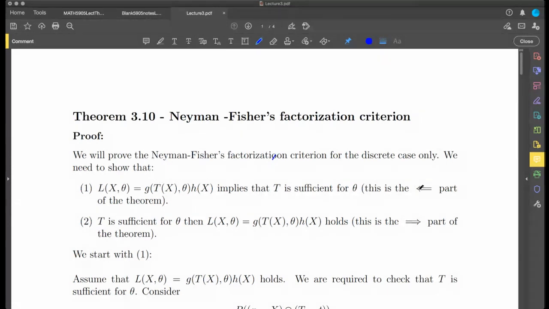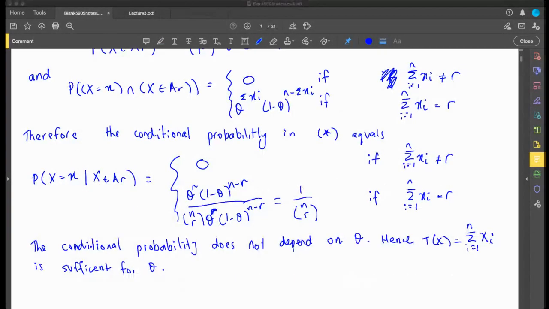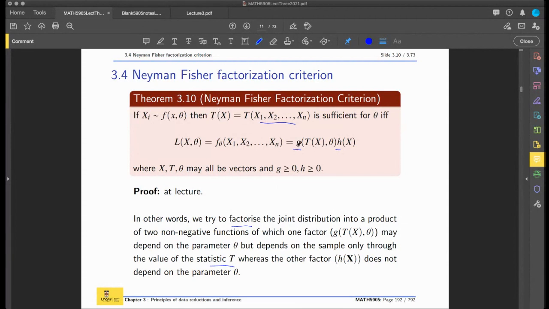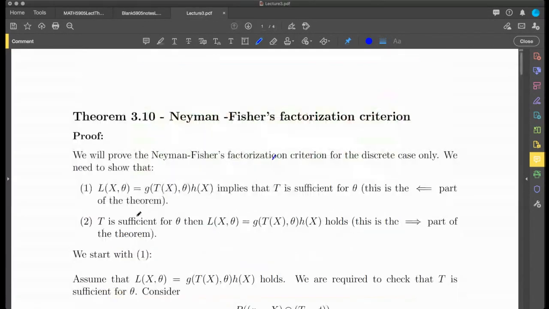This is the reverse direction of the theorem: going from this likelihood expression to saying T is sufficient. Then you can go the other way. If T is sufficient, then I can write the likelihood in this form. And that's the implies part of the theorem.